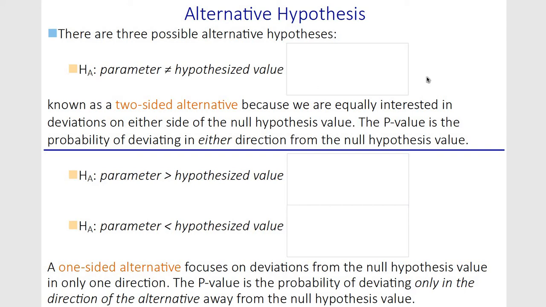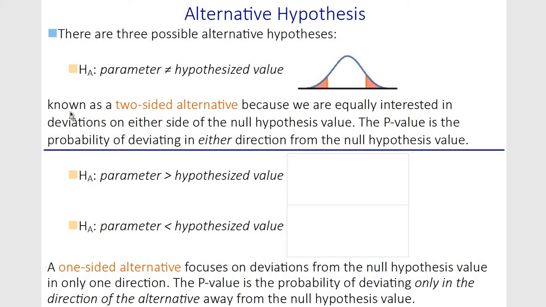Visually, if you imagine your normal curve, it can go to the left or to the right by a certain number of standard deviations. It can be 2 standard deviations higher or 2 standard deviations lower.